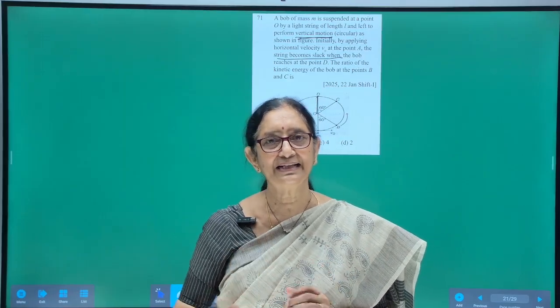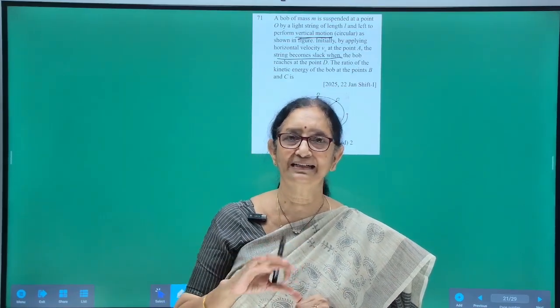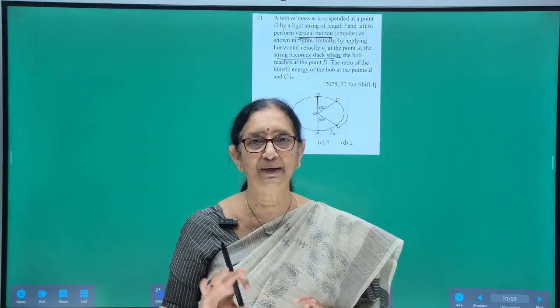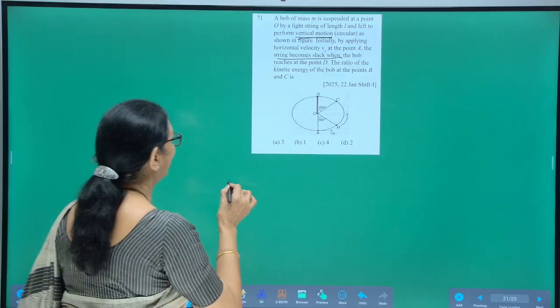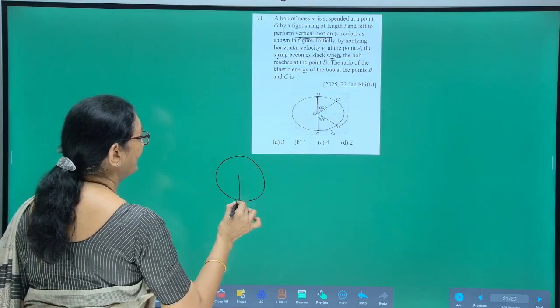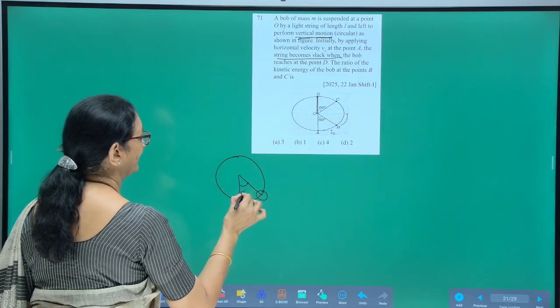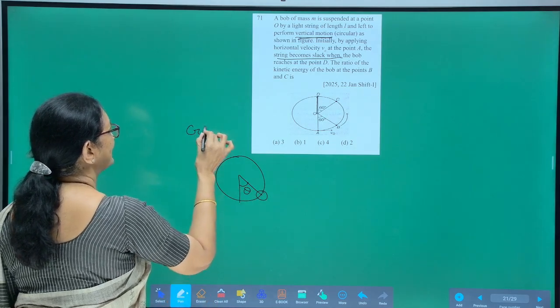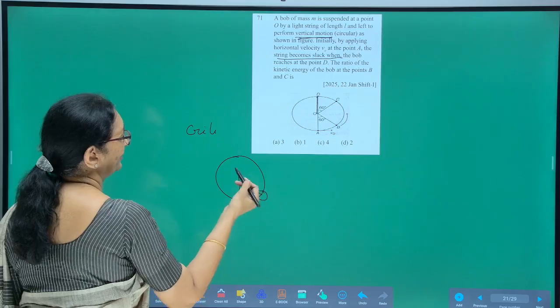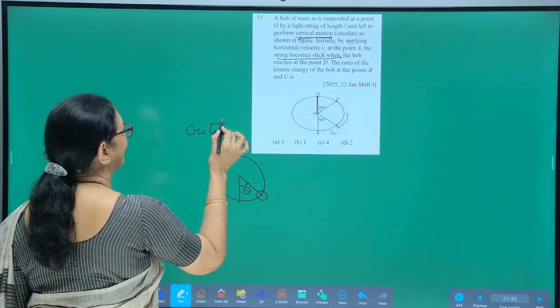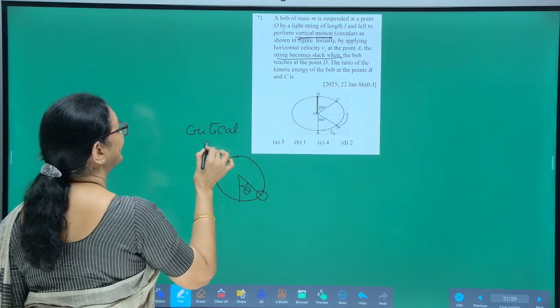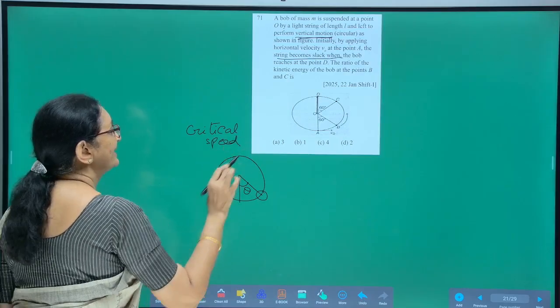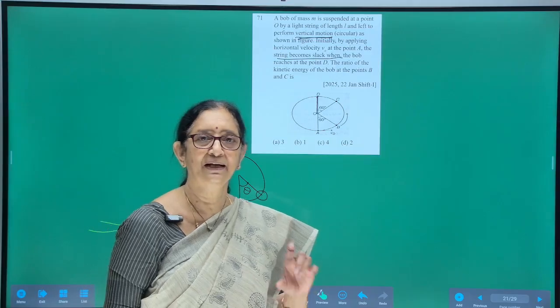For a body moving in a vertical circle with critical speed, at any point making an angle theta, we derived the expression for velocity.